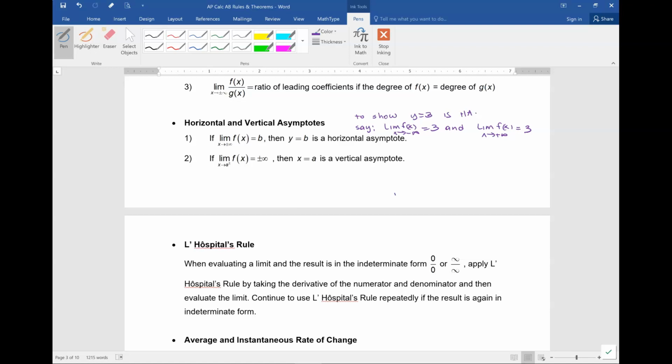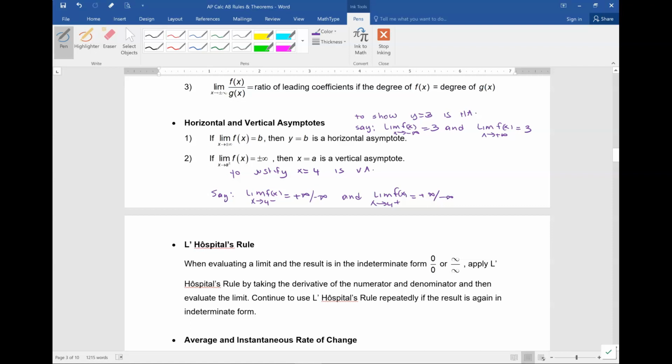Now, for a vertical asymptote, to justify, let's say, that x equals 4 is a vertical asymptote, you say the limit of f of x as x approaches 4 from the negative side is infinity or negative infinity, whatever, and the limit of f of x as x approaches 4 from the positive side is positive infinity or negative infinity, whatever.